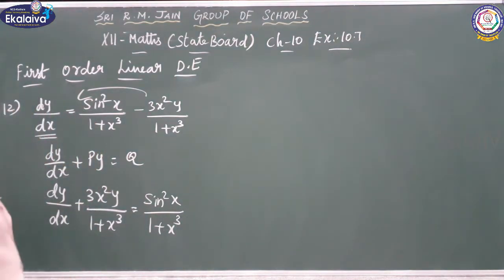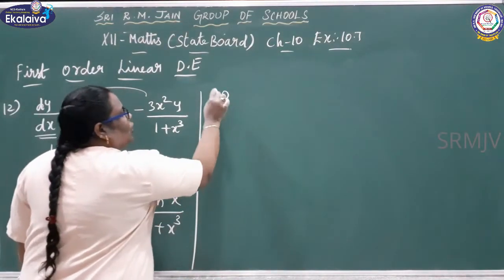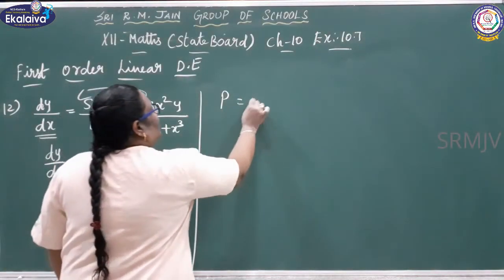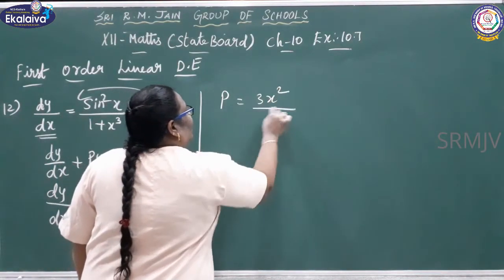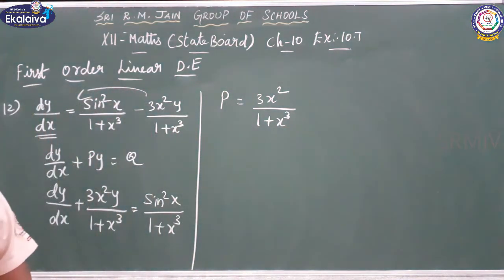So what is the value of p? That is nothing but the coefficient of y. P equal to 3x square by 1 plus x cube.